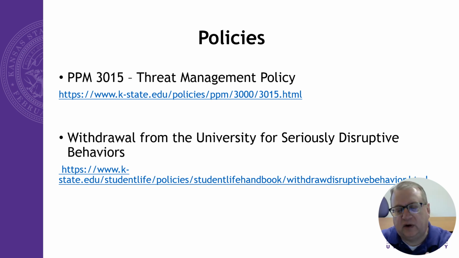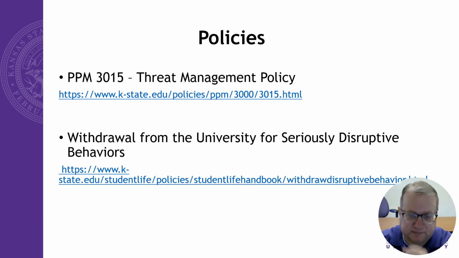It is one of our few policies that reaches off campus. So if an individual is engaging in activities in the greater community, we can use that information to make a determination whether that threat would then be carried to campus.